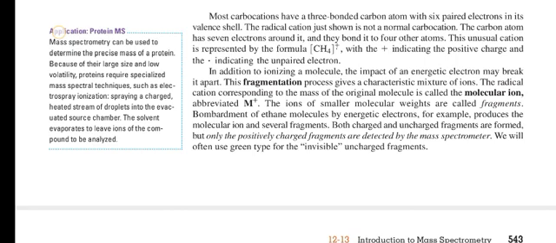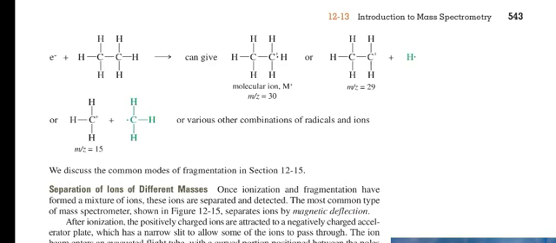Bombardment of methane molecules by energetic electrons, for example, produces the molecular ion and several fragments. Both charged and uncharged fragments are formed, but only the positively charged fragments are detected by the mass spectrometer. We will often use green type for the invisible uncharged fragments.